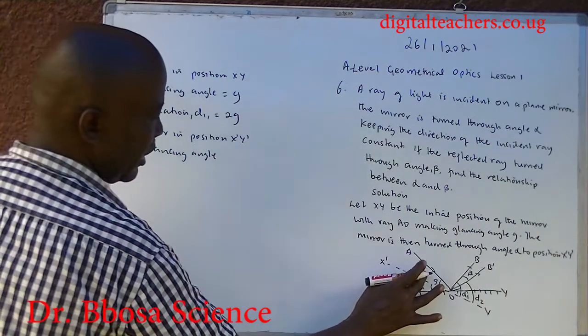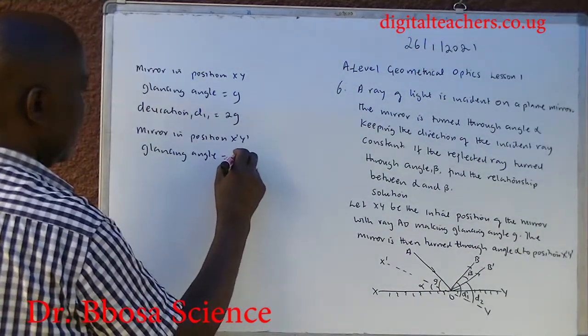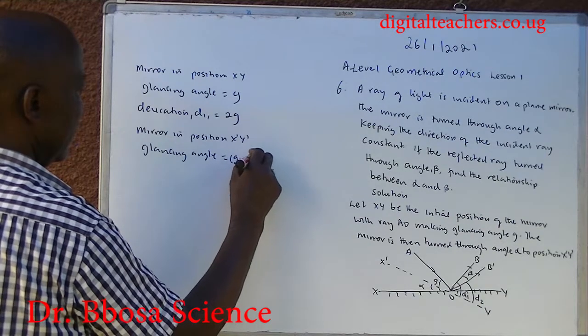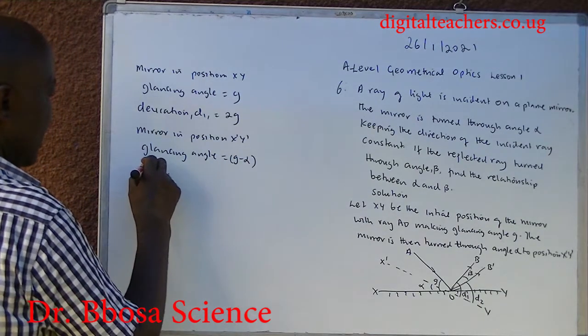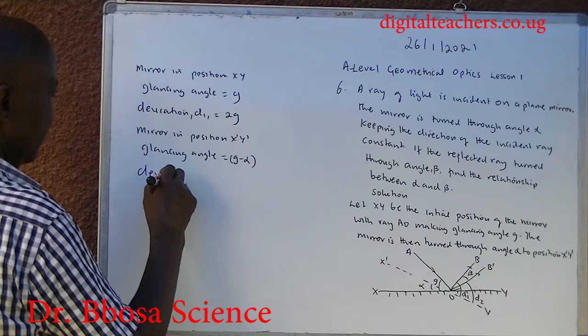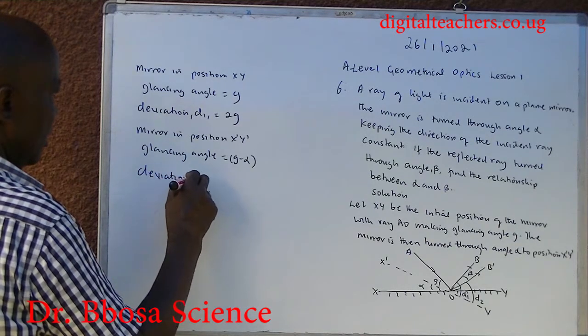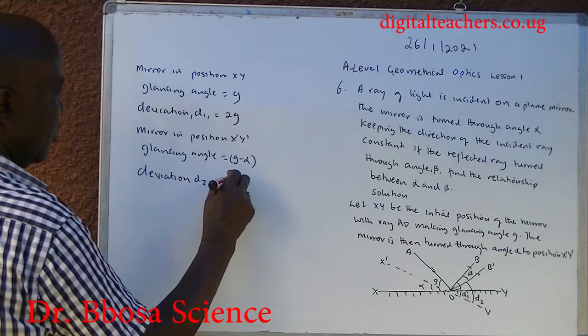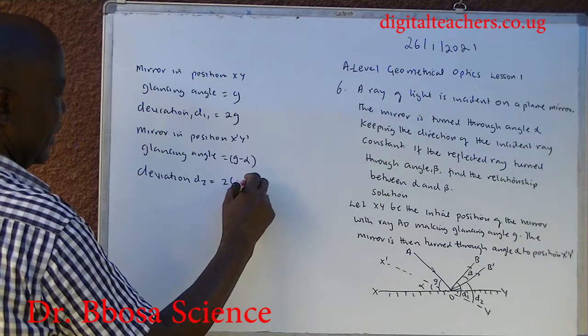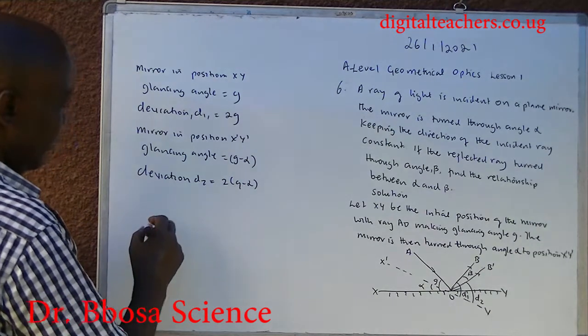angle is equal to G minus alpha. Deviation D2 is equal to 2 into G minus alpha.